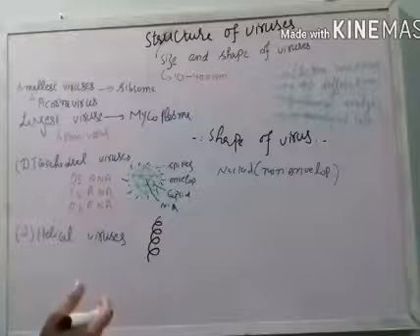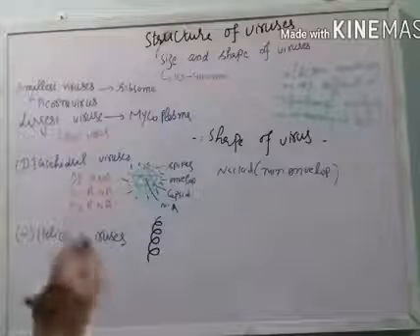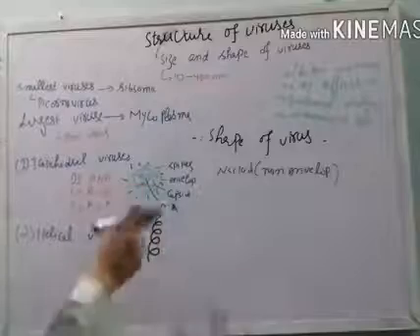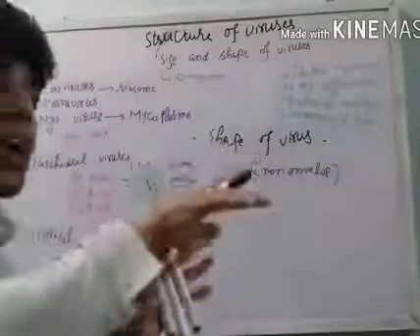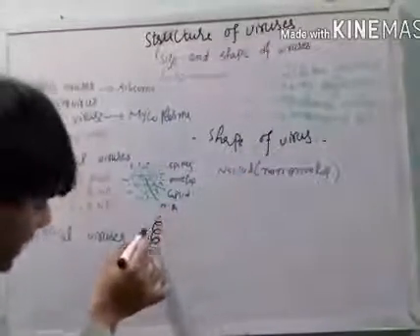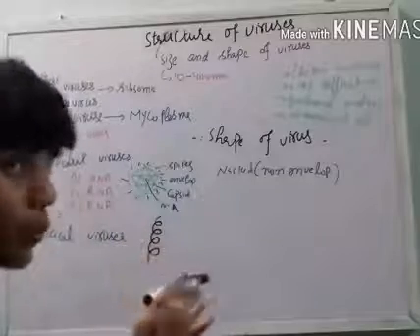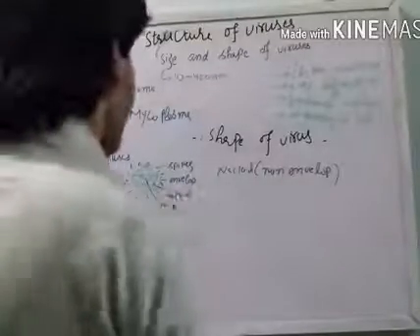Why do we call it a helical virus? We call it helical because of the protomers. You know what a protomer is? Protomers are the proteins involved in the capsid. The capsid will be in this form, the protomers in a helical form. That's why we call them helical viruses.